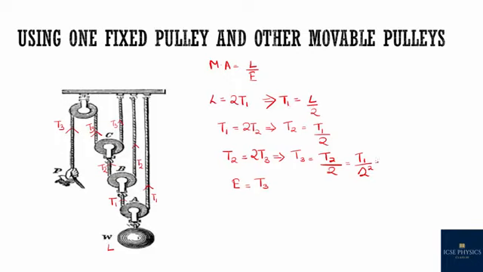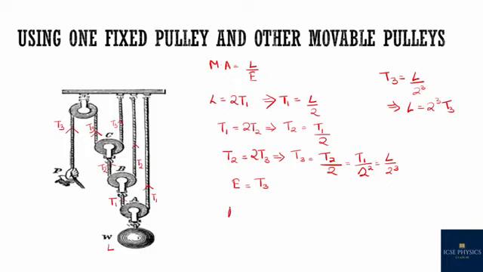L by 2, so putting L by 2 in place of T1, T3 is L by 2 to the power 3, the cube. And E is equal to T3. Now we know that T3 is equal to L by 2 cube, which implies L is equal to 2 to the power 3 times T3.